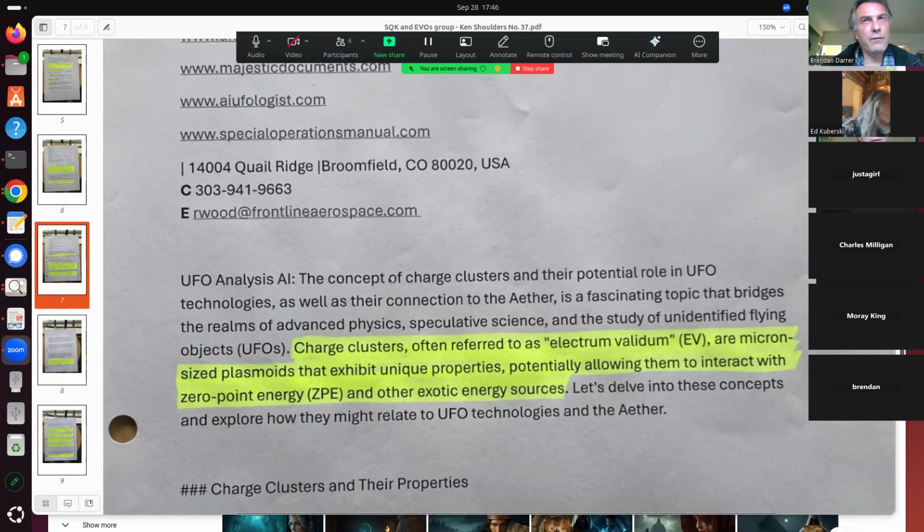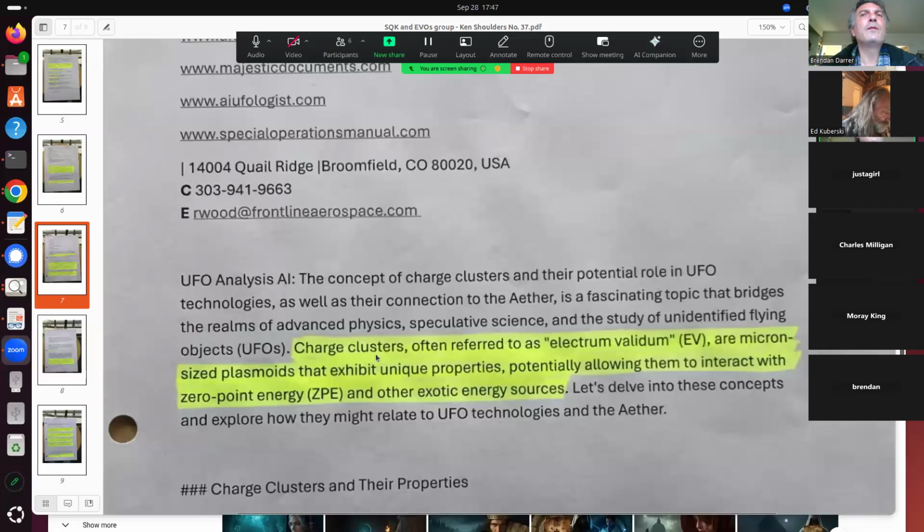The concept of charge clusters and their potential role in UFO technologies, as well as their connection to the ether, is a fascinating topic that bridges the realms of advanced physics, speculative science, and the study of unidentified flying objects.